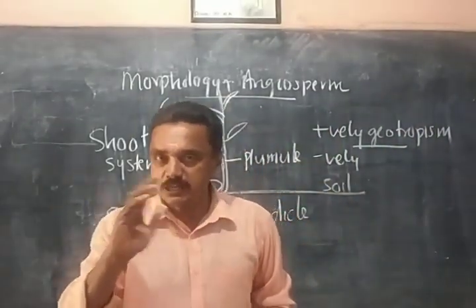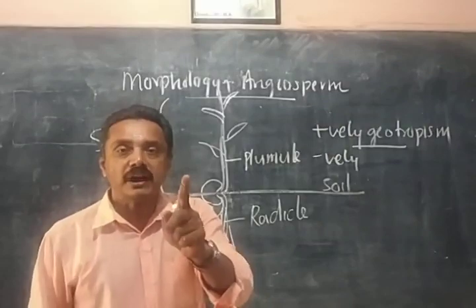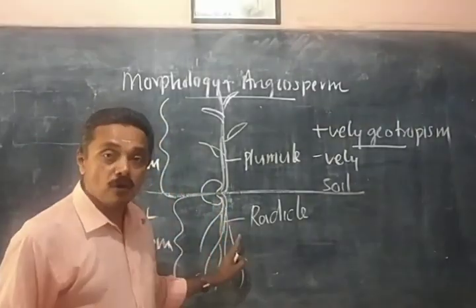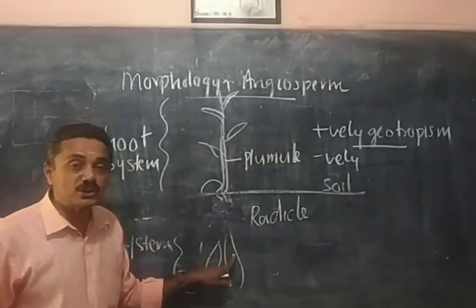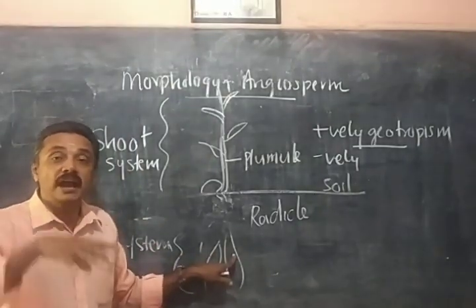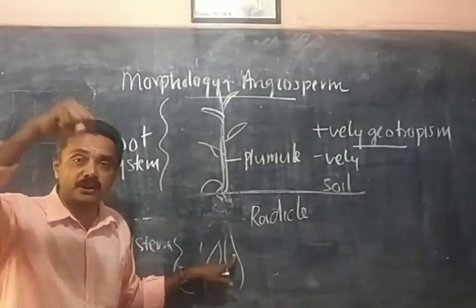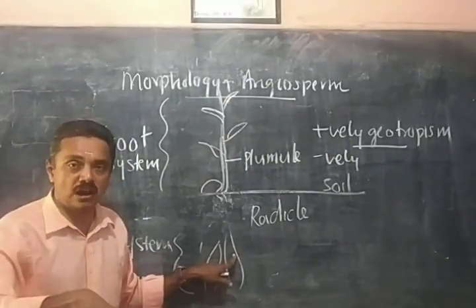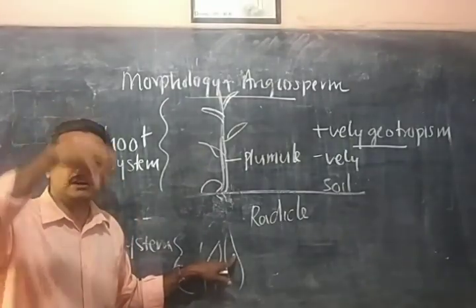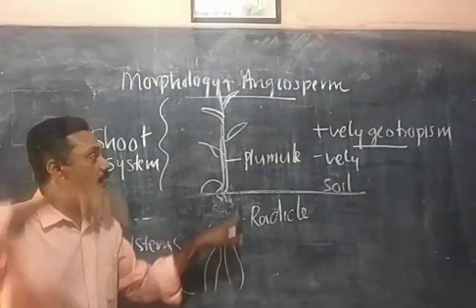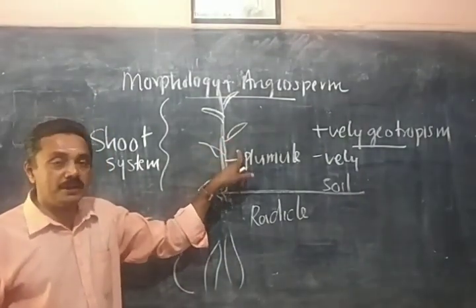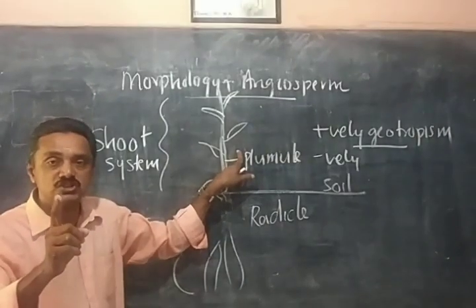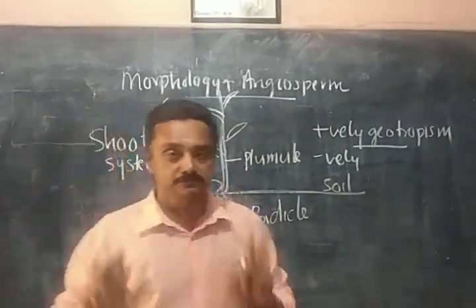And I will explain in detail what are the parts of the shoot system and what are the parts of the root system. And what is the function of root system? Root system helps in the fixation and absorption, fixing the plant in soil and absorbing water and minerals. But what are the functions of shoot system? Shoot system does the function of photosynthesis and reproduction.